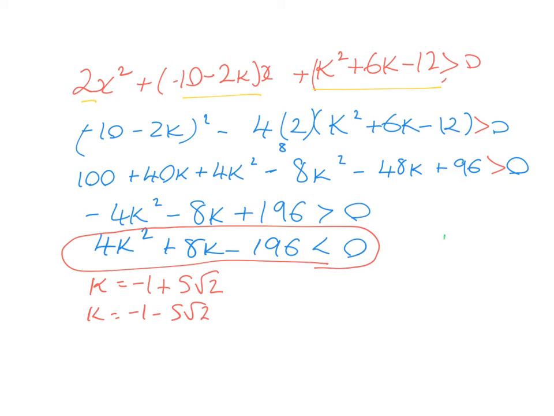So I'm going to do a quick sketch of the curve. So it's crossing here at negative 1 minus 5 root 2, and here at negative 1 plus 5 root 2. Now we're looking for it less than 0 because we changed the signs around. So we're looking at this region here.